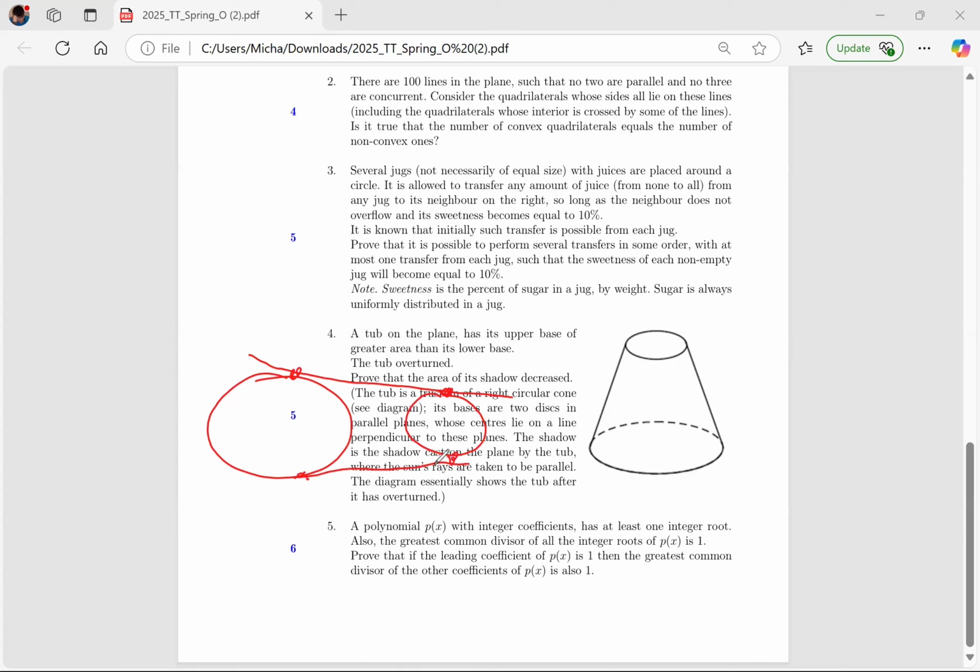It's everything above the bottom tangent, but to the right of the big circle, to the left of this bit, and below the top tangent. So that's the area of the shadow.